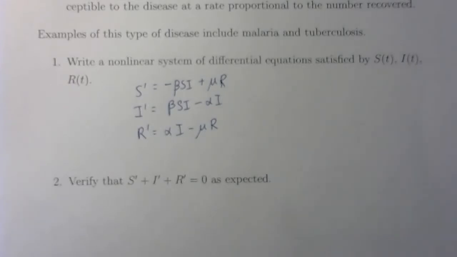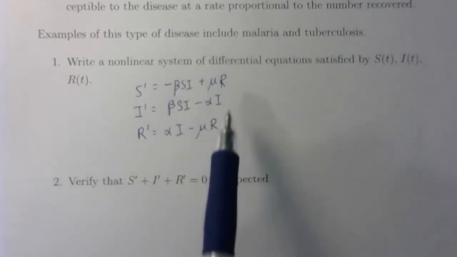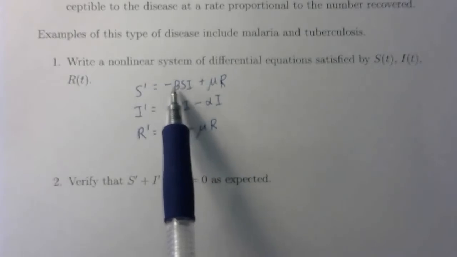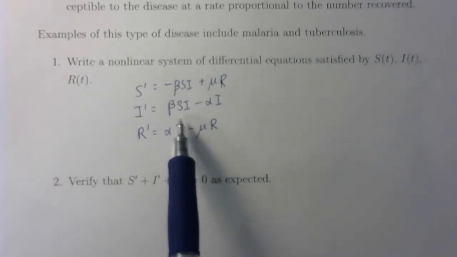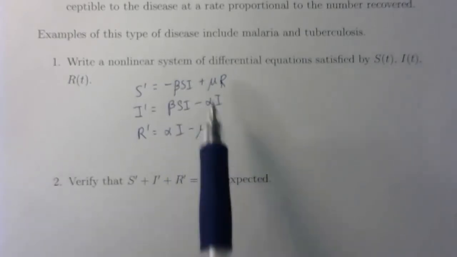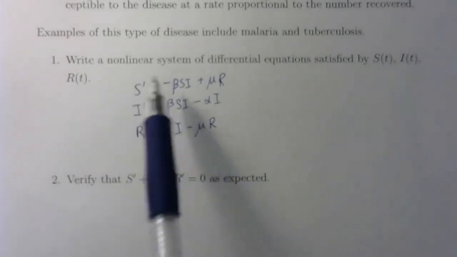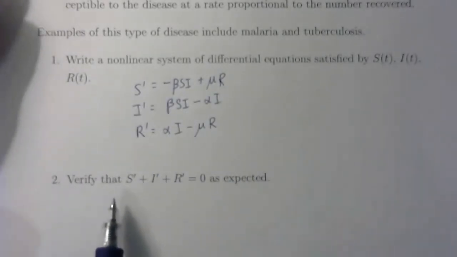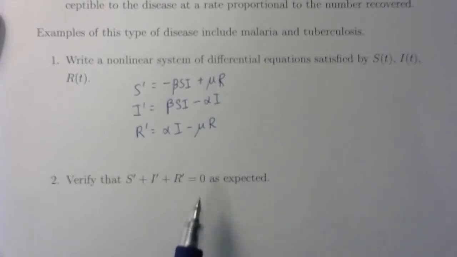Since the way that we talked about the balances here presupposes that the number of individuals doesn't change, right? You started in susceptible, you can either stay there or you can move to infected. And the only people who can get into susceptible, for example, come from recovered. But let's just verify that the sum of all these rates is equal to 0.